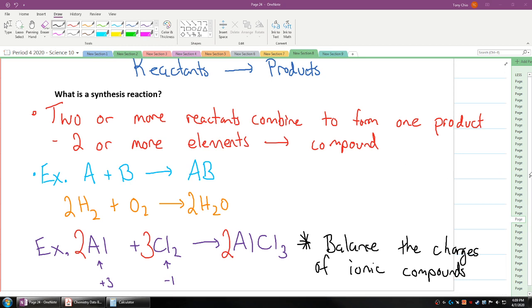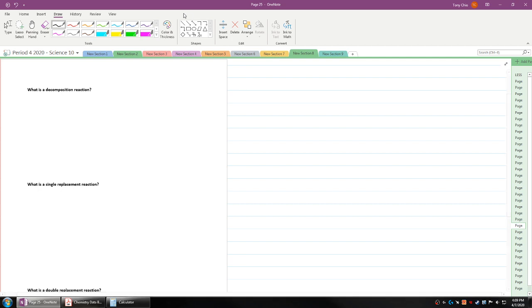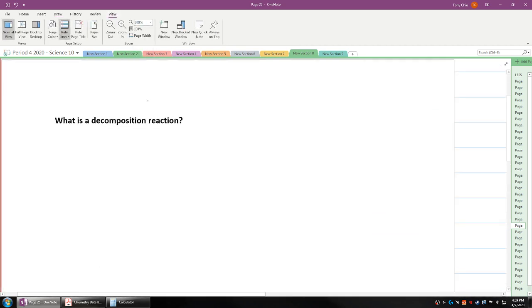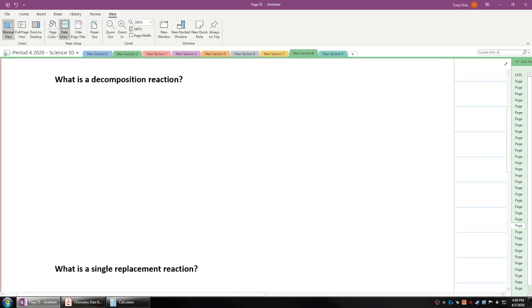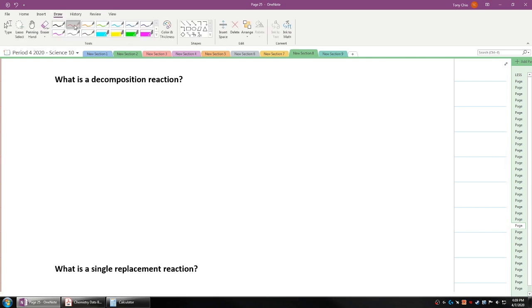So the next type of reaction we're going to go into is called a decomposition reaction. A decomposition is just the opposite of synthesis. If synthesis means to put together, to make, decomposition means to break apart. So it's the opposite of a synthesis reaction.